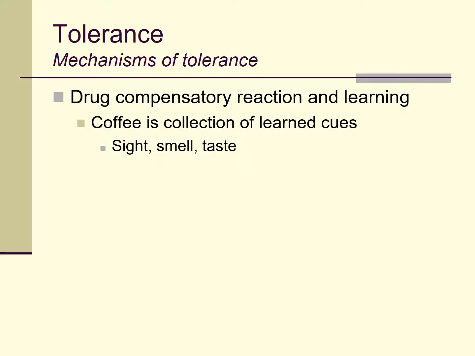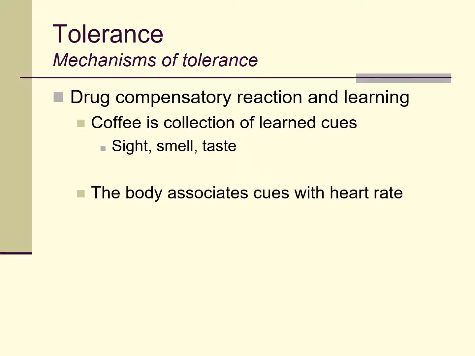We think of coffee as a collection of cues that can be learned: the sight of coffee, the smell of coffee, the taste of coffee. The body learns or makes the association between these cues and increased heart rate. Whether you consciously realize it or not, your body recognizes that when the smell or taste of coffee is present, the heart rate will fairly soon after begin to accelerate, because caffeine will be present and interacting with the nervous system.